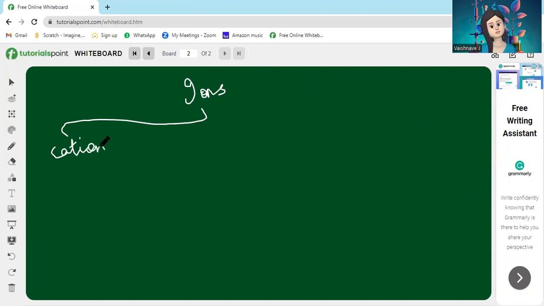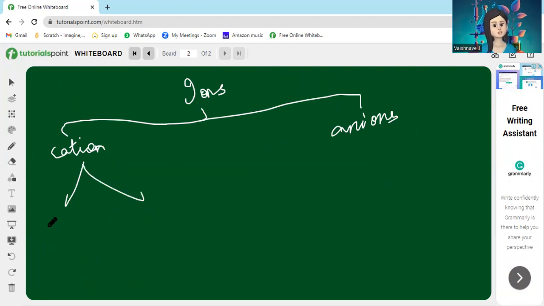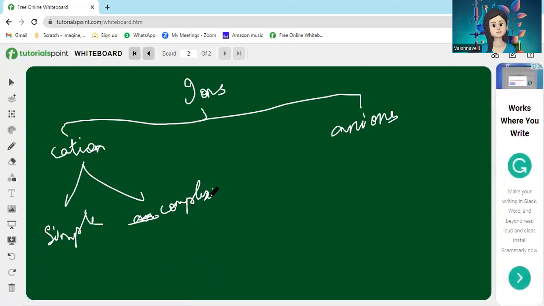As we know, positively charged ions are called cations, and negatively charged ions are called anions, right? Both of these are divided into simple and complex cations and anions. Simple ions contain only one atom, for example Na plus or Mg2 plus.